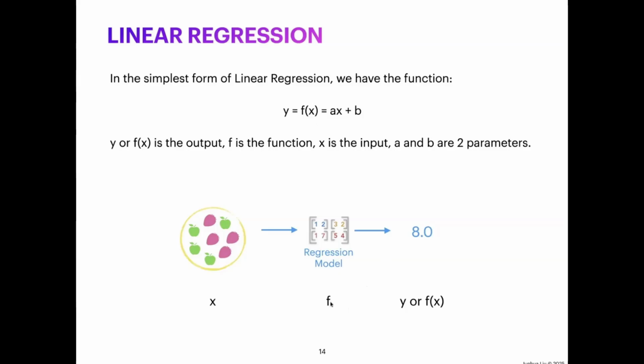When we take an example and pass it into this function, we will get an answer, either calculated or predicted or approximated. We will call it either y or f(x). Essentially, these are the outputs of this model given an x example.